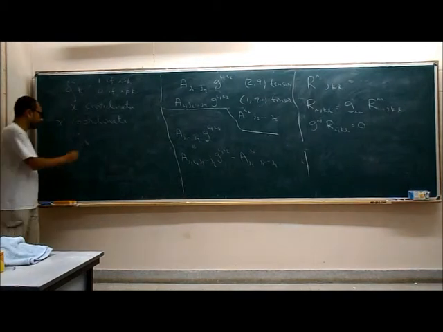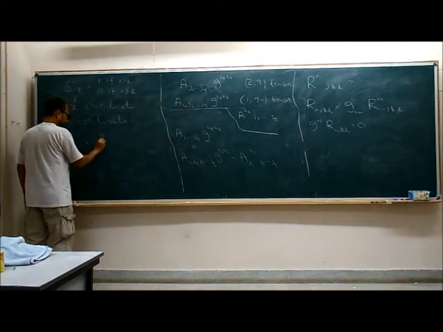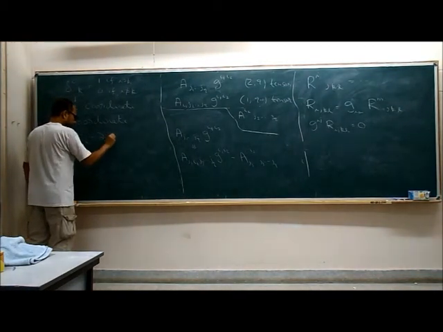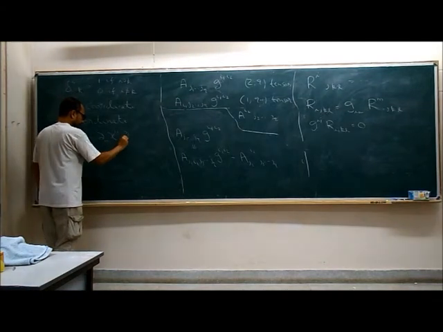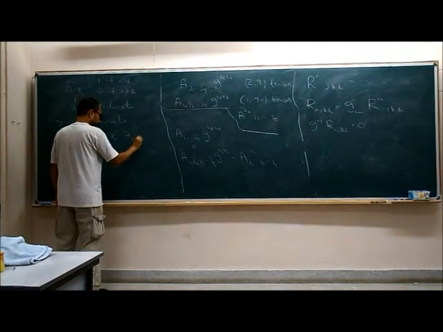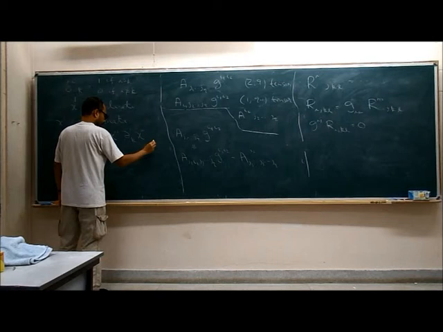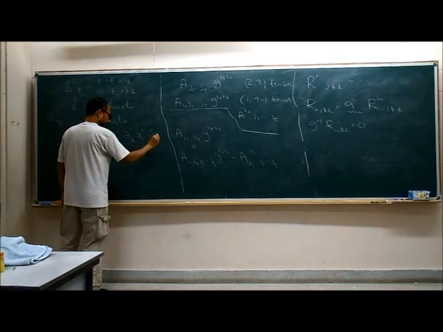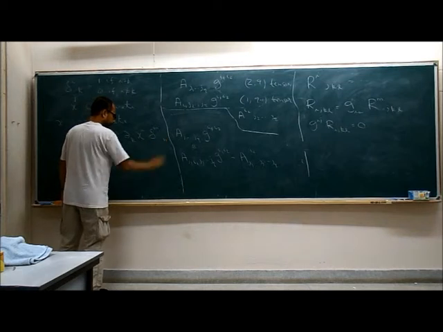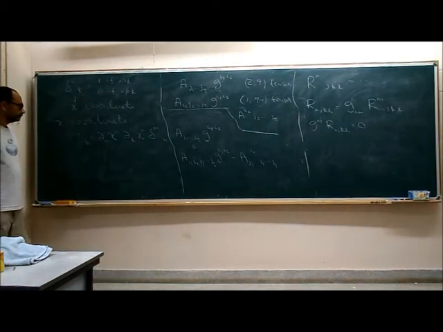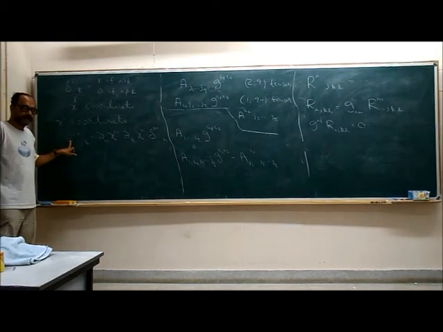Delta prime ik by definition is del m x prime i, del prime k x m, of delta mn. So we are assuming it to be a tensor, but we are not assuming that in the prime frame it is the same as delta ik.